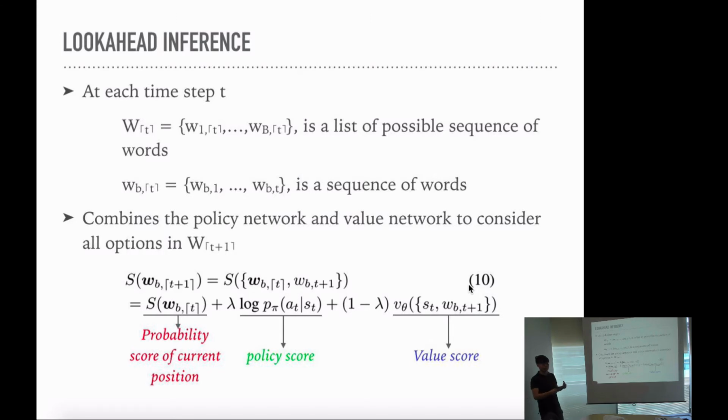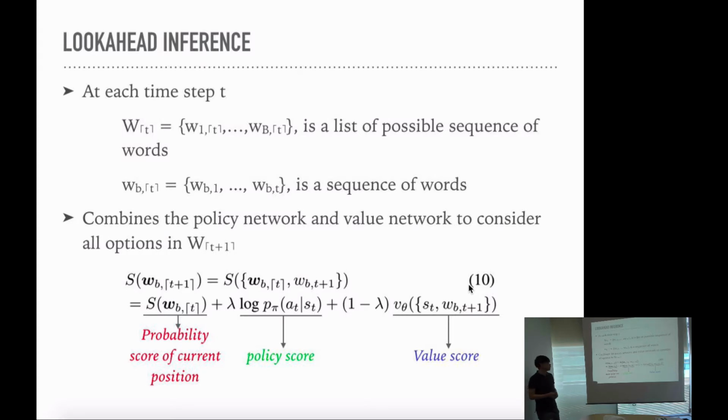So let's say "a dog", there's a finite number of sequences that can come after. Each sequence is a set of words from 1 to t, the end of the sequence. So the policy and value network can consider all these sequences from this state to the end.